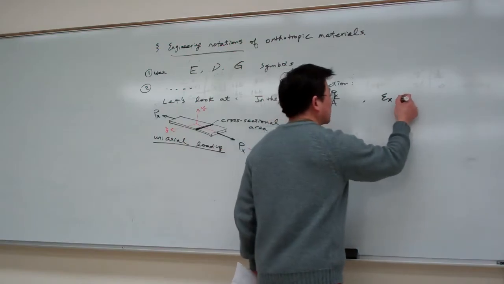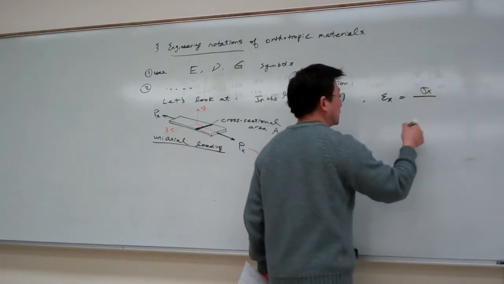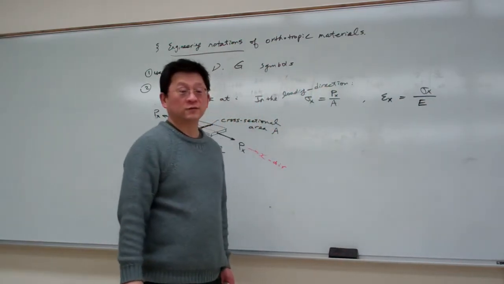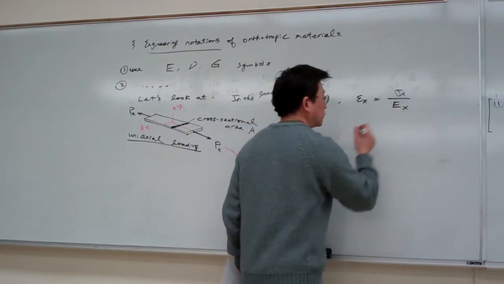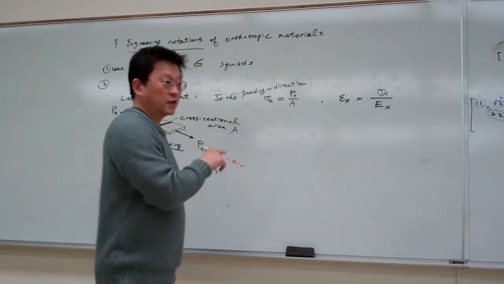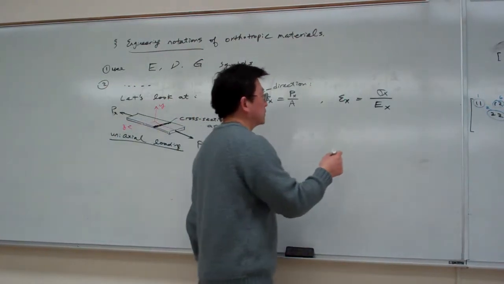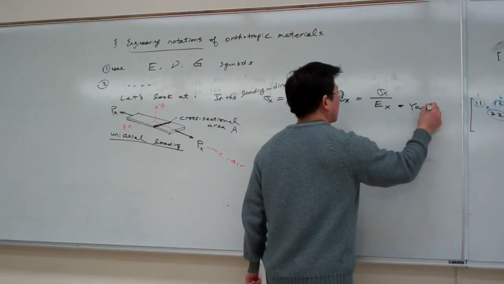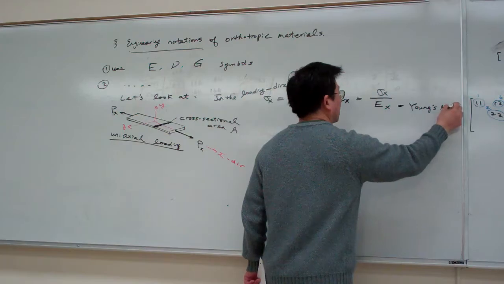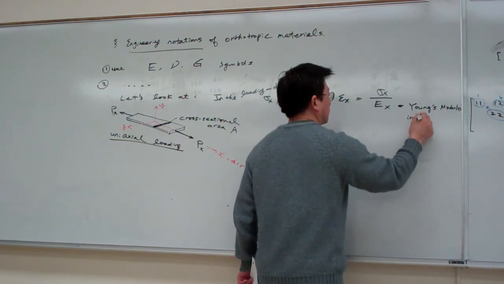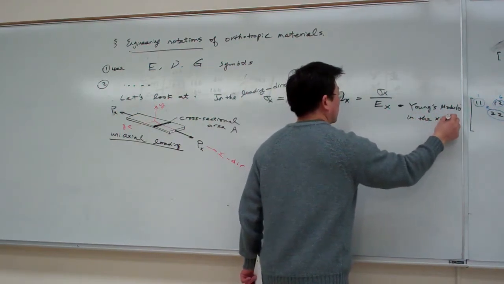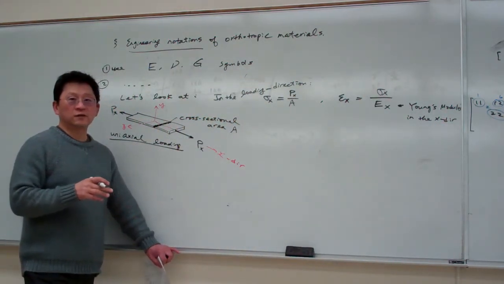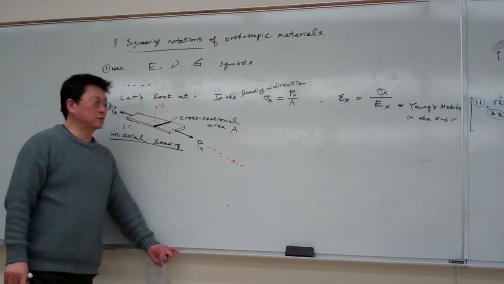Strain basically is defined by the corresponding stress divided by the Young's modulus. And here we want to specify that the Young's modulus corresponds to the x direction. So that indicates the Young's modulus could be different from one direction to the other direction. Okay.